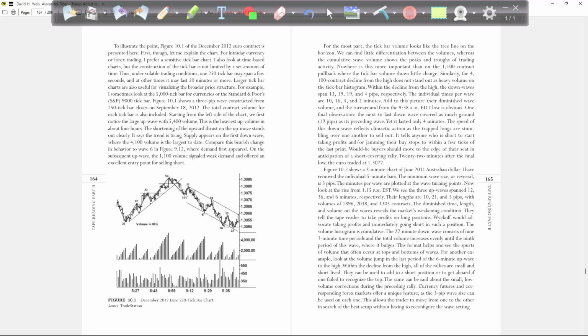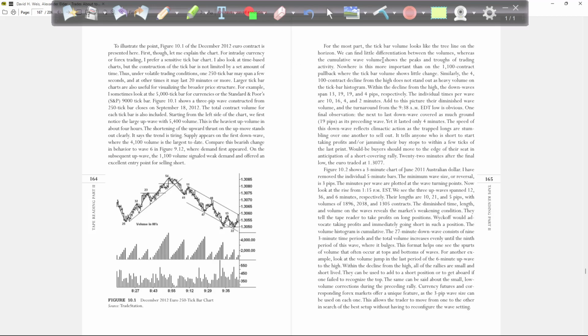Compare this bearish change in behavior to wave 6 in Figure 9.12 in the previous chapter, where demand first appeared on the subsequent upwave. The 1000 volume signaled weak demand and offered an excellent entry point for selling short.